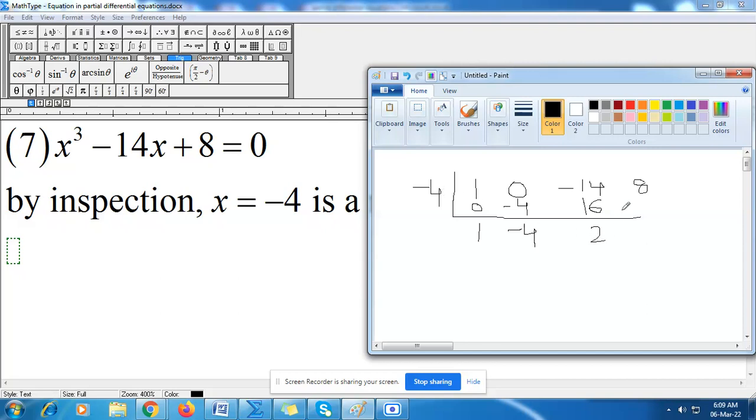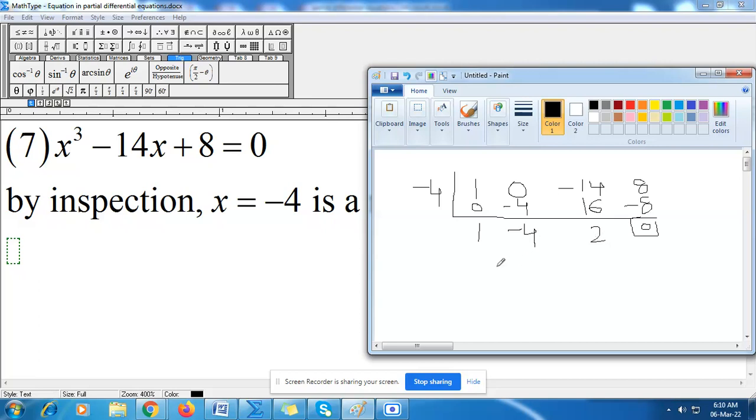Minus 4 into 2 is minus 8. So finally we have 0. If it is not 0, our inspection root is false. It should be 0. So we have 1, minus 4, 2.